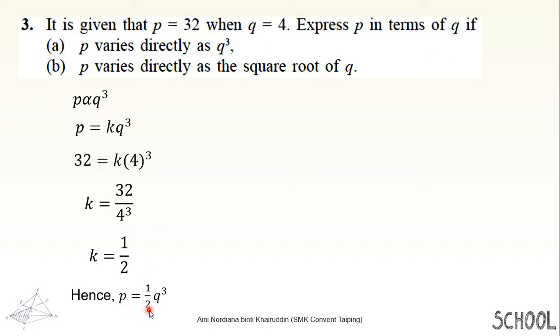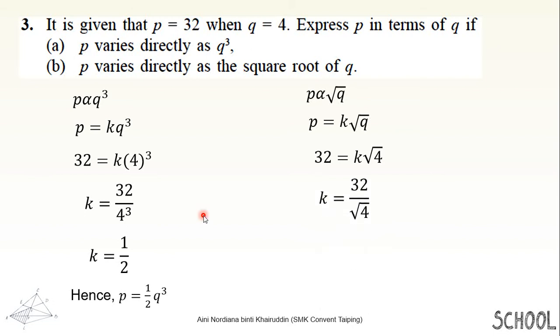So this is the answer for A. Express P in terms of Q. For B, just use the same steps. You can check your answer. So K equals 16. Hence P equals 16 square root of Q.